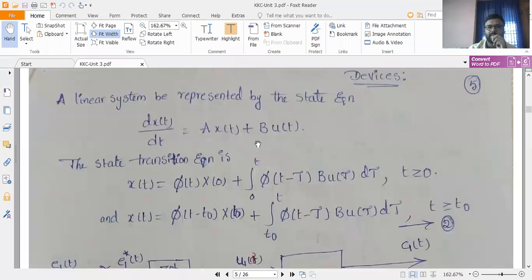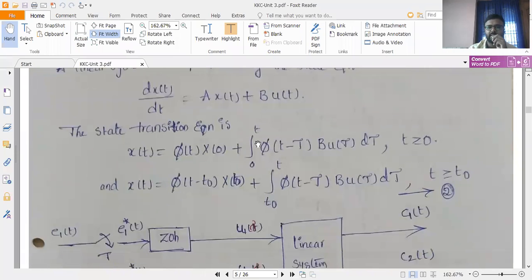And the state transition equation for the non-homogeneous equation, which we have derived in the previous topic, that is x of t is equal to phi of t minus t naught into x of t naught plus integral from t naught to t phi of t minus tau into B into u of tau d tau.